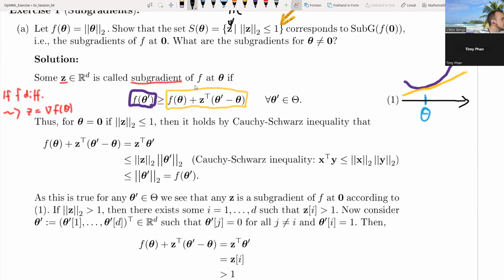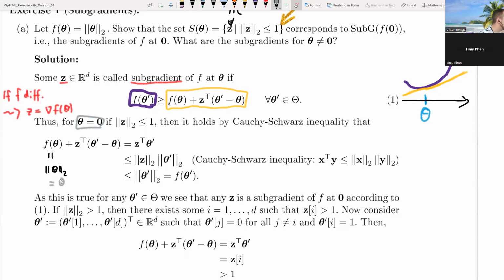Then let's start with the right-hand side of the subgradient condition, where we have f of theta plus this linear function of theta prime. Let's first plug in what we have here. This is our function, the Euclidean norm of theta, but theta is the zero vector, and the zero vector obviously has Euclidean norm 0.